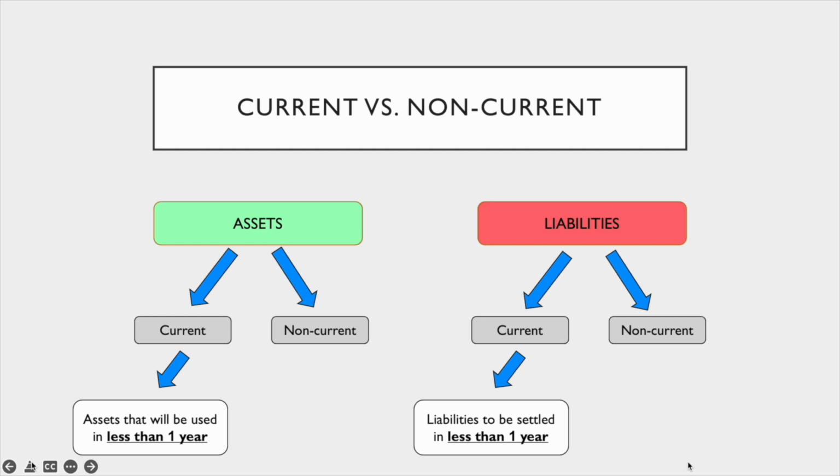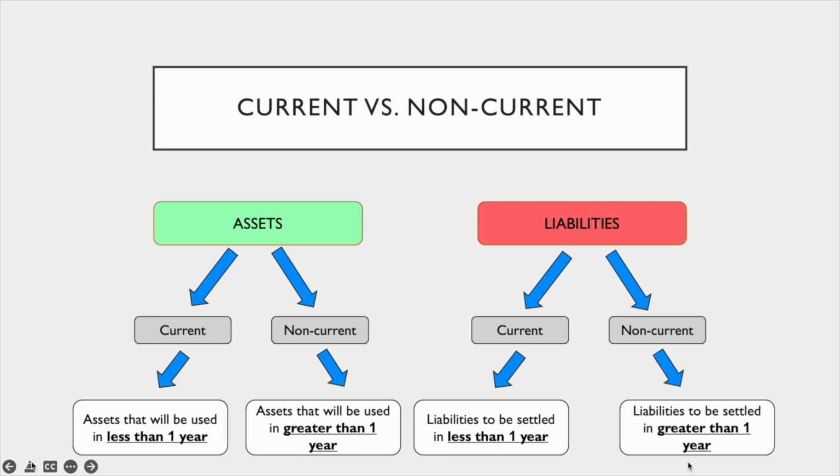A non-current asset is an asset that will be used or consumed by a business in a period of greater than 1 year. And a non-current liability is a liability that will be settled in a period greater than 1 year at the period end date.